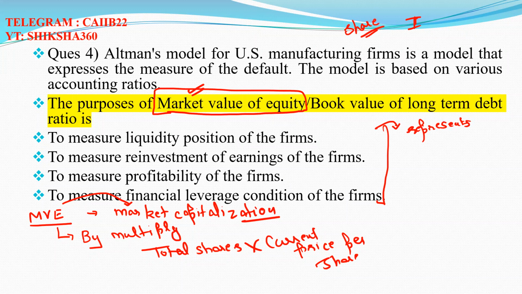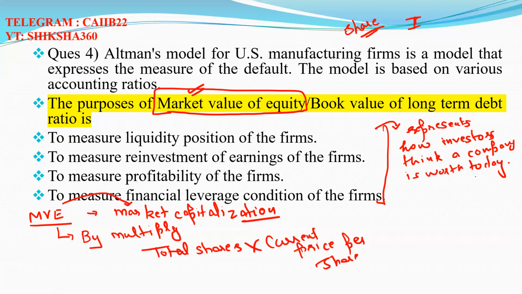It represents how investors think a company is worth today, the financial value of the company. Why do we invest? So that we will earn profit. This is one of the parts they will check here, the market value of equity.